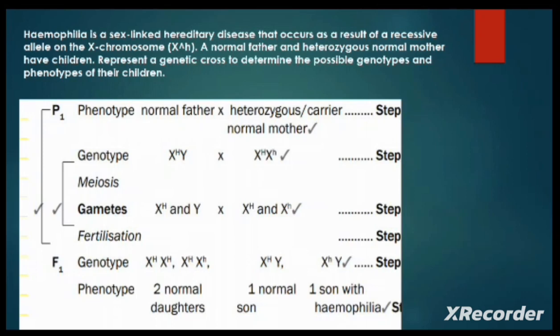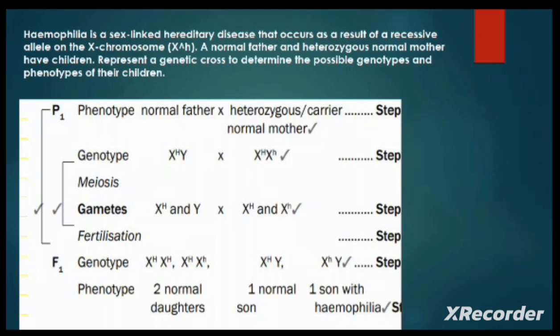So for phenotype, you substitute according to the statement. Phenotype of the father, he is normal. Phenotype of the mother, she is a heterozygous or carrier normal mother. And the genotype of the father, because he is normal, he wouldn't have the small h, because this is caused by a recessive allele, a small letter.